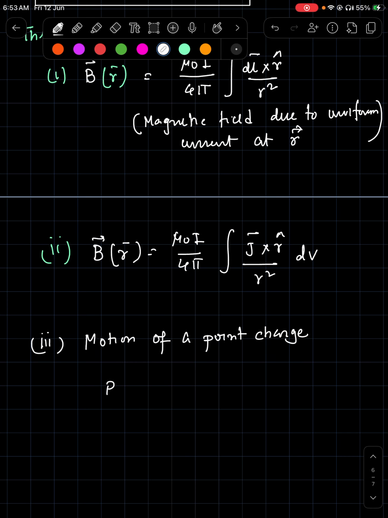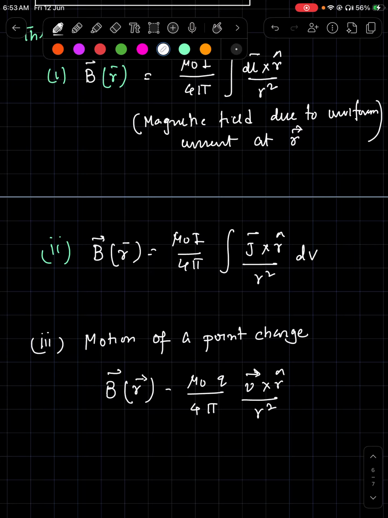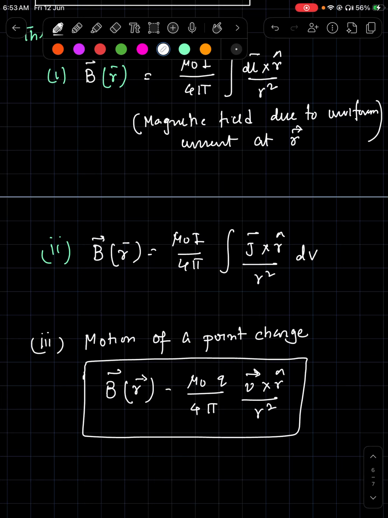So it becomes B at R vector, that is mu naught by 4 pi, and we have already expressed the I in terms of charge, that is Q v cross R cap by R square. Fantastic. So that is the magnetic field B.